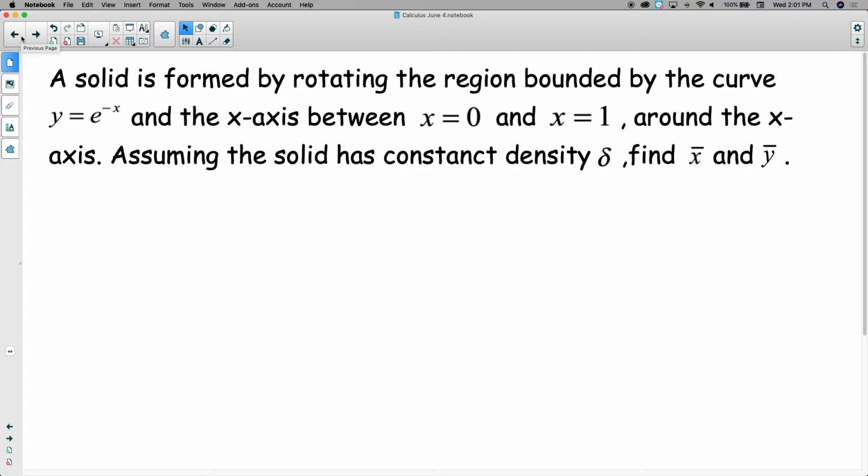We're going to be rotating a region around the x-axis, generating a strange solid, and then find the center of mass of that object. Okay, so let's get into it.